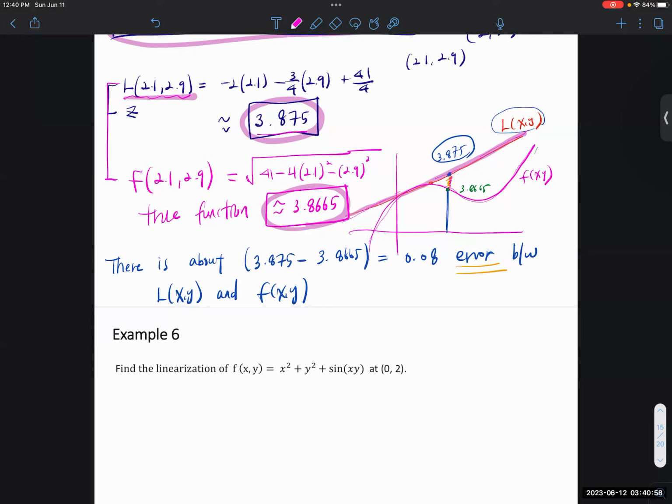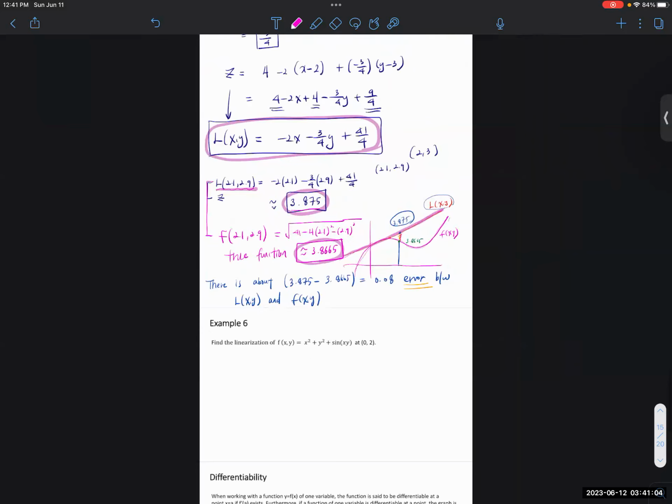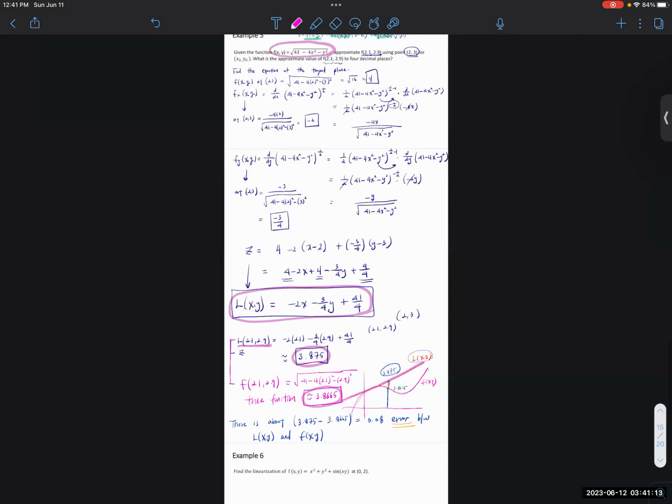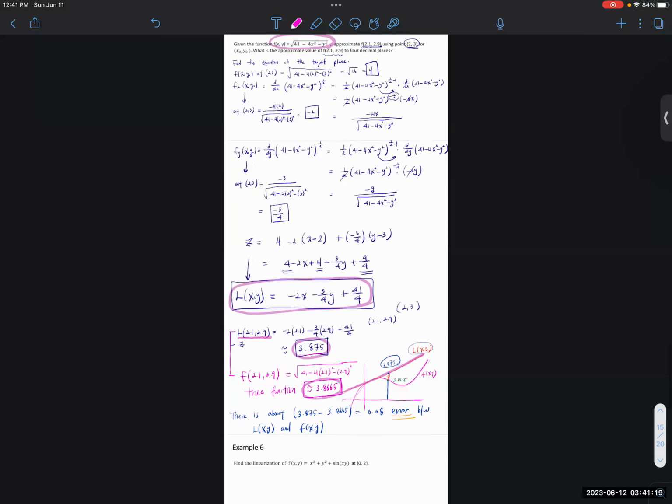That's the difference between the tangent line and the true value, or you can think of this as more related to the regression line. It's the same concept: linear approximation is the same as the tangent plane equation, and then you can find out the error, how big the gap is between the true value and the prediction. So that's the concept of the linear approximation. That's it. I'm not going to spend too long, but you can think about it.